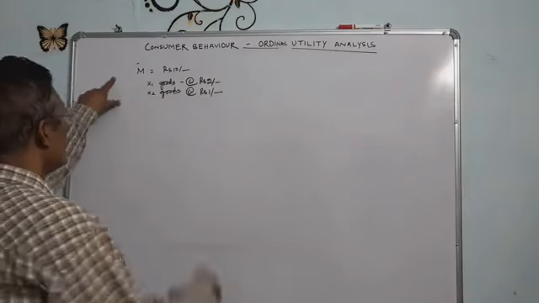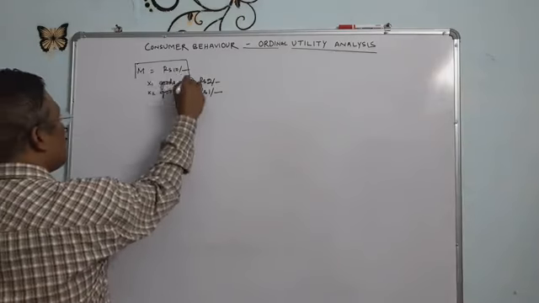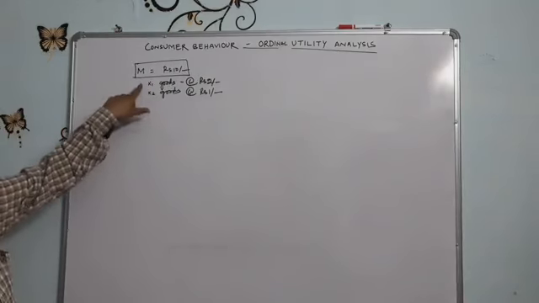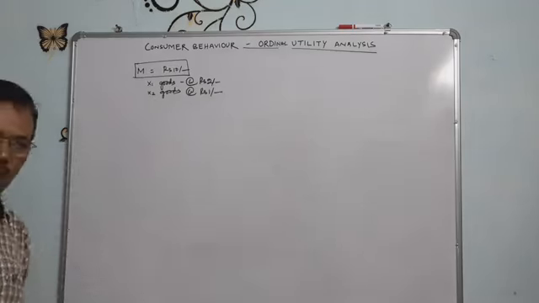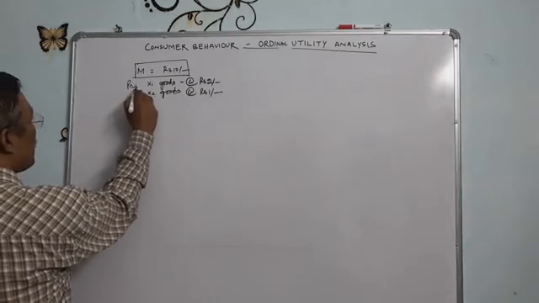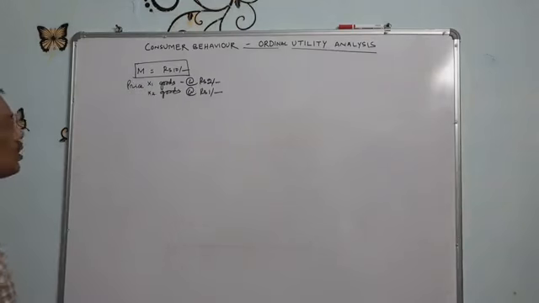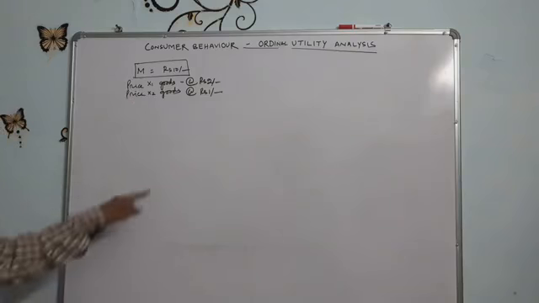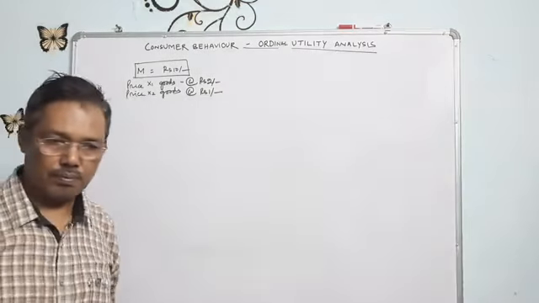One person has an income of 10 rupees, and that 10 rupees will be spent on goods X1 and X2. The price of X1 is rupees 2 and the price of X2 is rupee 1.